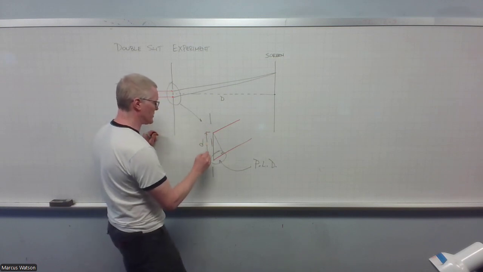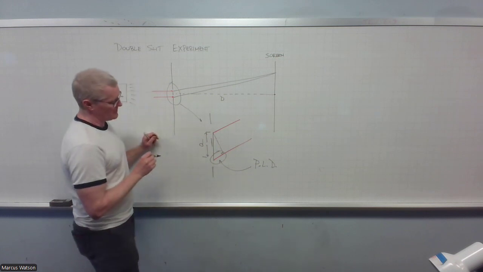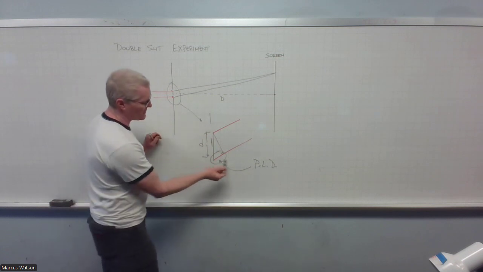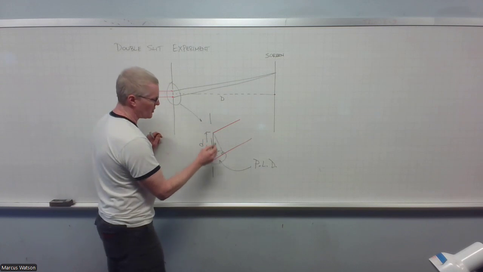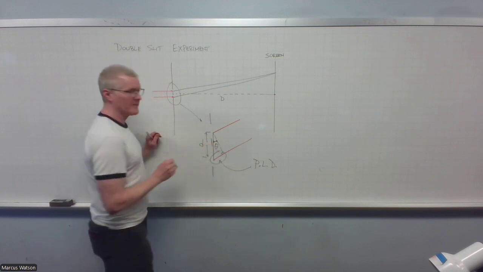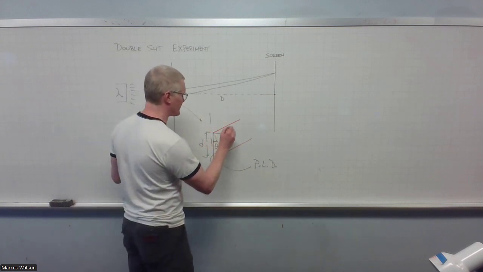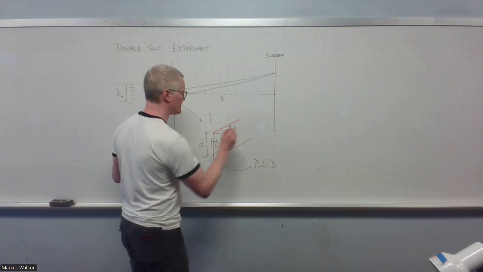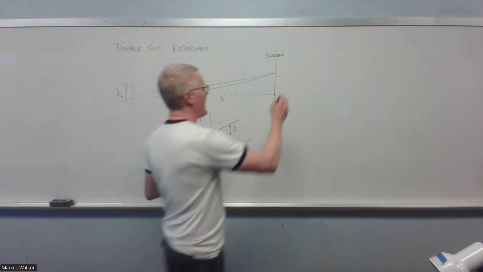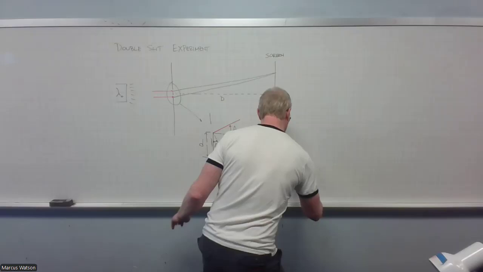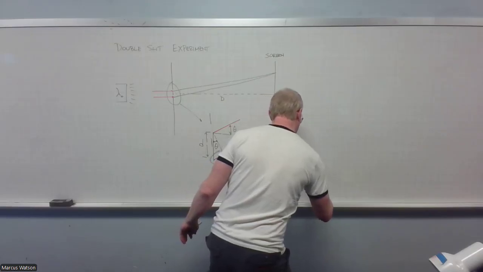That's the distance between the slits. I want to figure out what this path length difference is, so I ask what's this angle, theta. That angle by geometry is the same as this angle right here, theta. So my path length difference is equal to d times sine theta.